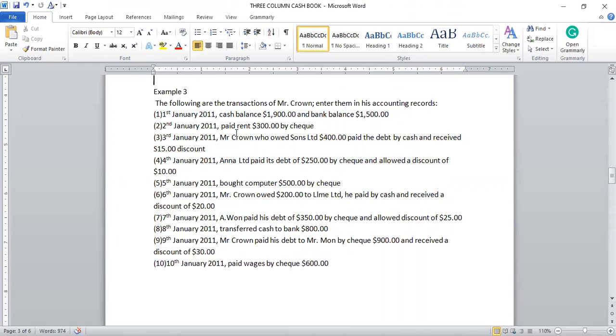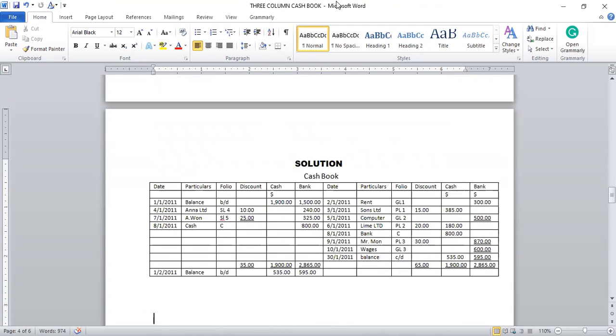Okay, the next transaction, number 2. 2nd January 2011, paid rent $300 by check. So the bank account will be credited and rent account will be debited to complete the double entry. So let us see how we go about it. So we come here, the cash book, it will be credited. 2nd January 2011, the particulars, the rent.